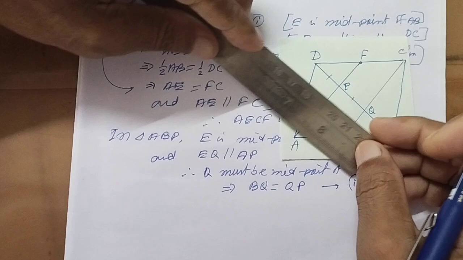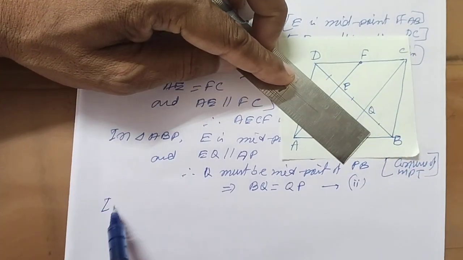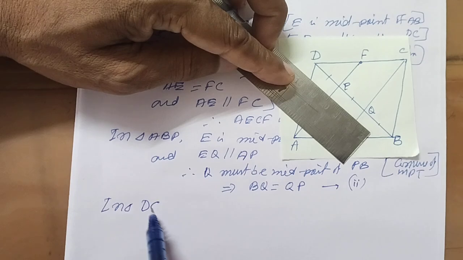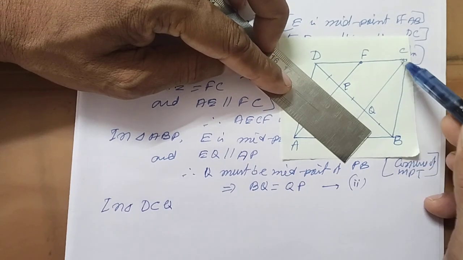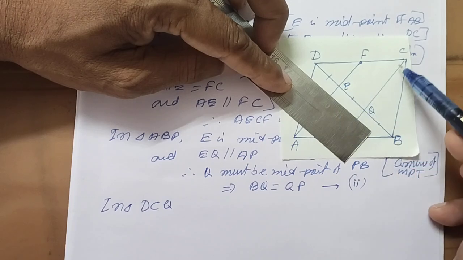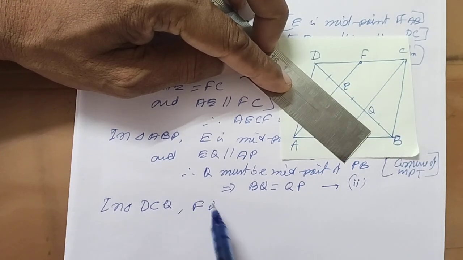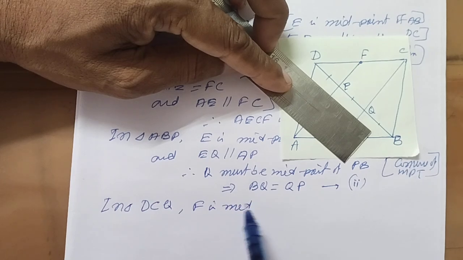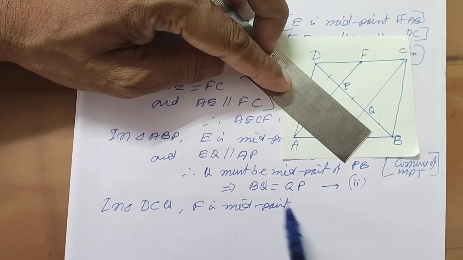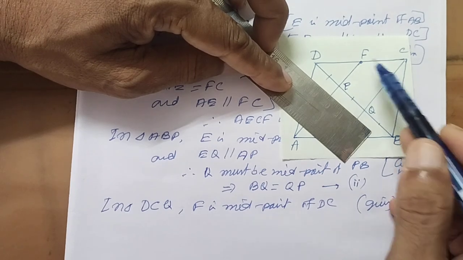Again we can take this triangle DCQ. Again in triangle DCQ, we will apply here converse of BPT. In this triangle DCQ, what we have? F is midpoint of DC, it is given.